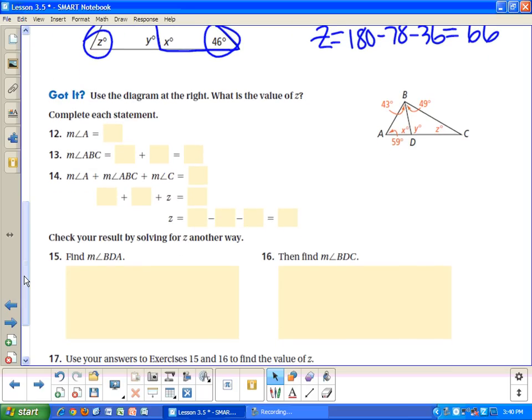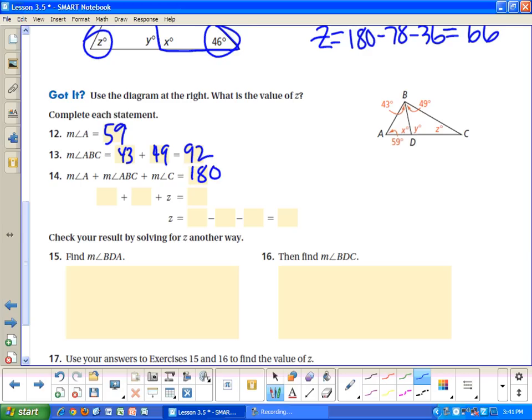Okay. So looking at this diagram, we get the measure of angle A is 59. The measure of angle ABC equals 43 plus 49, which is 92. If we add all three of these angles together, we should get 180.